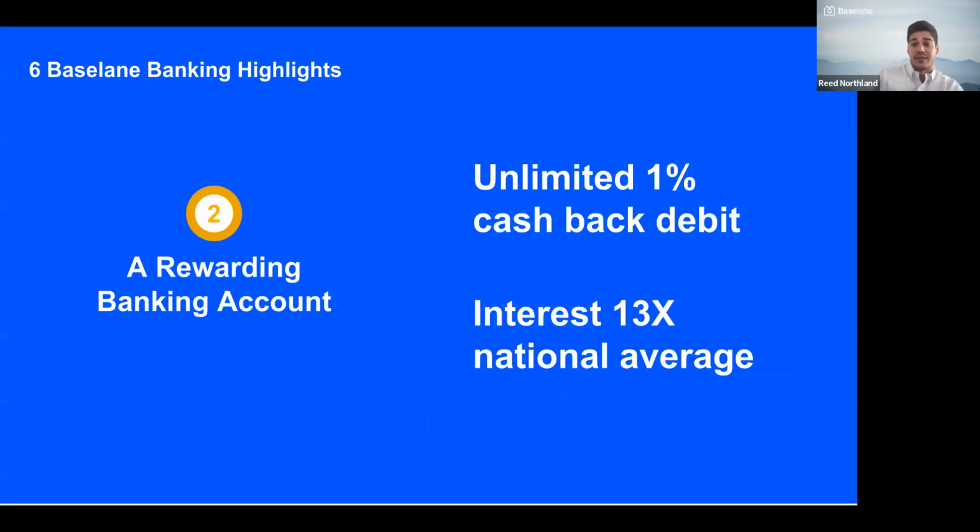That debit card is directly linked to the bank account that you set up and other tools within the Baselane platform. We currently offer 13 times the national average APY interest on your account. As the Fed continues to increase the rates, we will continue to match that. And so we expect this stat to remain significantly competitive, above what you get from typical banks today.